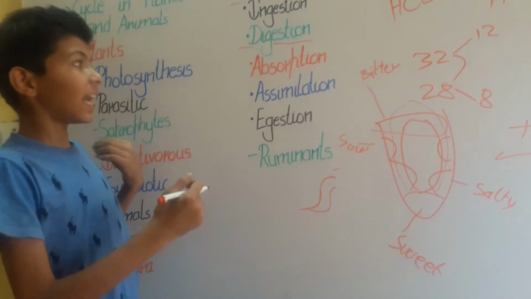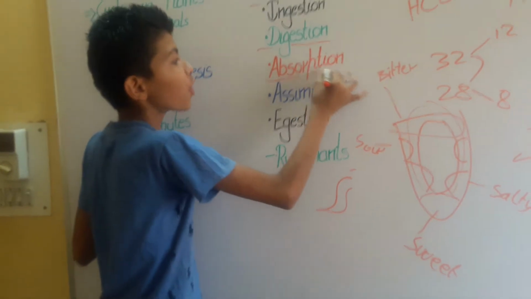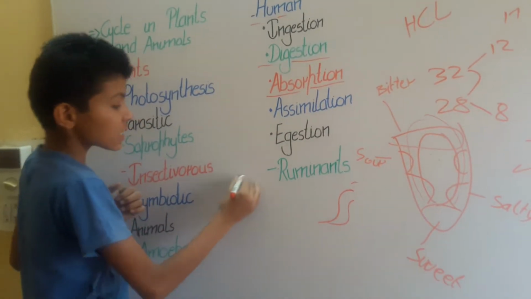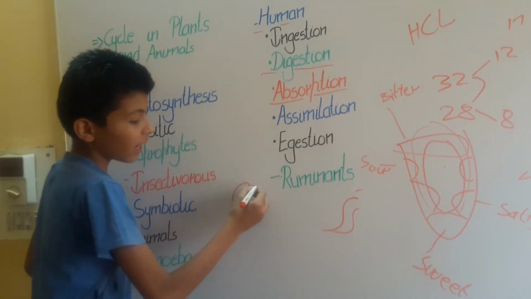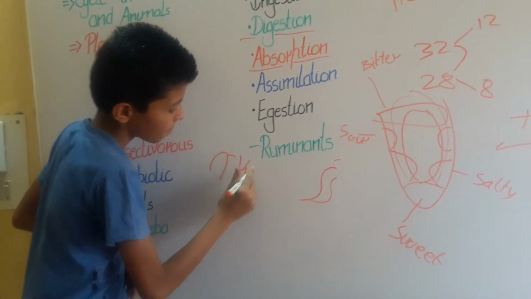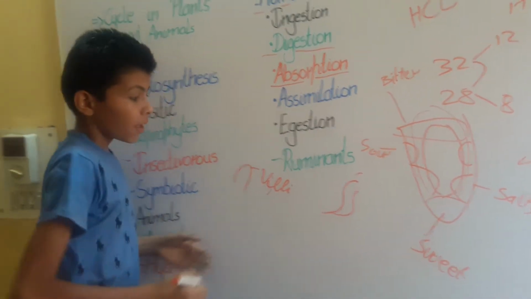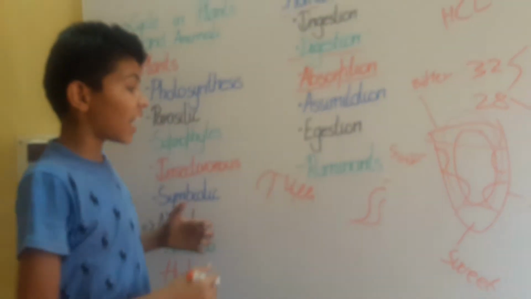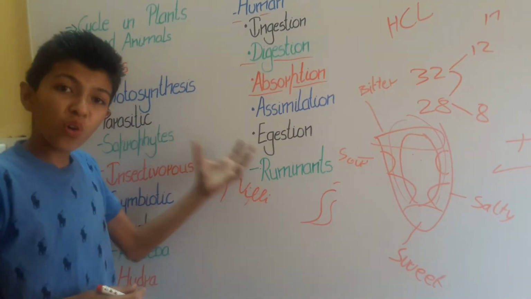Then the small intestine also helps us in the absorption. It has a structure of finger-like projections called the villi. The villi further have the microvilli.